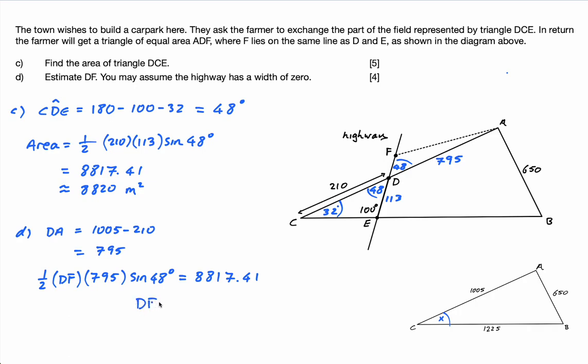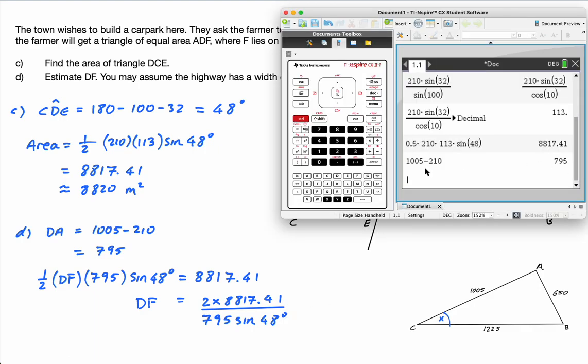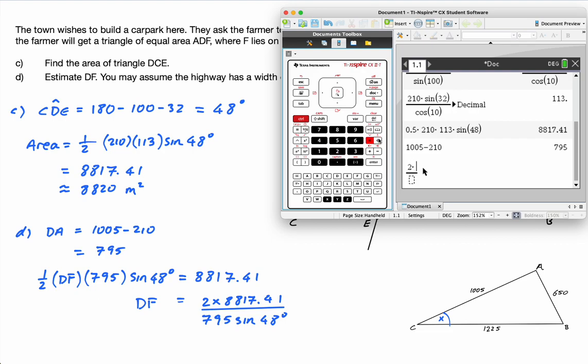DF is equal to, you could use NSolve if you want, but it's multiply by 2 because of the half here, so it's 2 times 8817.41 divided by 795 sine 48 degrees.